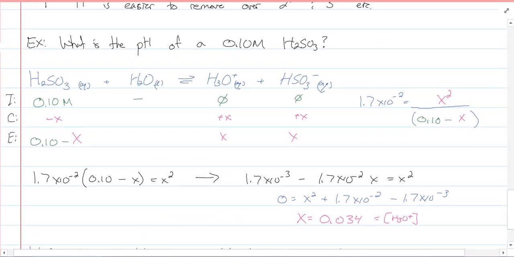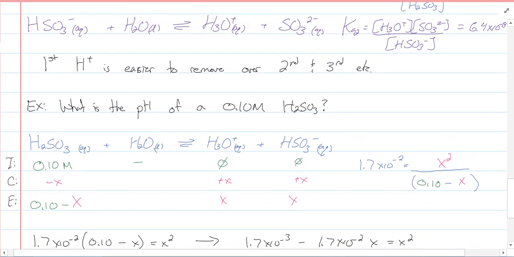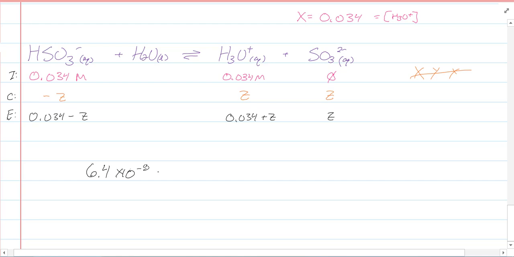Ka2's expression, we go back up, is right there. 6.4 times 10 to the negative 8 equals 0.034 plus Z, I used orange, Z, all over 0.034 minus Z. Can we approximate here? Well, I got negative 8 and negative 2.